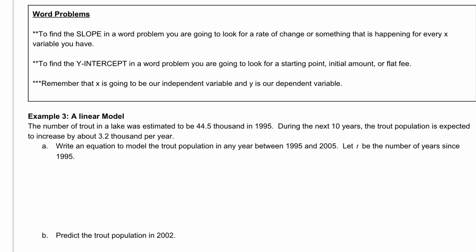So let's go ahead and write out our variables. That's the most important part. So we are given the first one. We know t is equal to the number of years since 1995, which means y is going to be equal to the trout population.